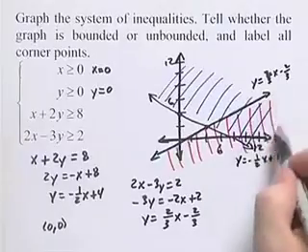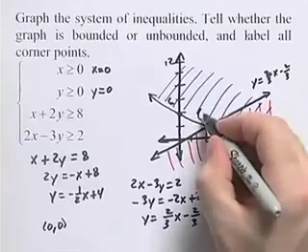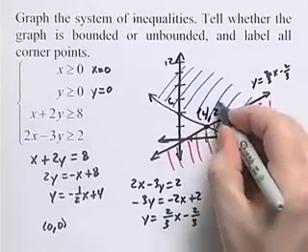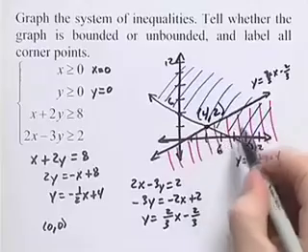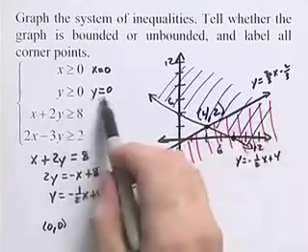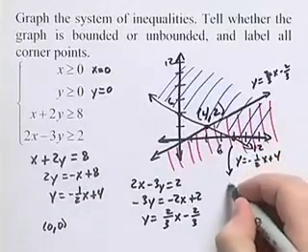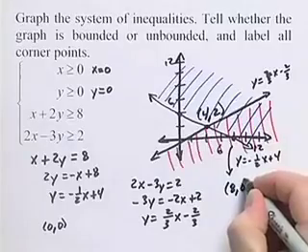There is no bound on the outer part. The corner points, we'll get one corner point right here. That was the point 4, 2. Another corner point will be where this line hits the x-axis, because that was one of our boundaries from our inequalities. And this point right here is the point 8, 0.